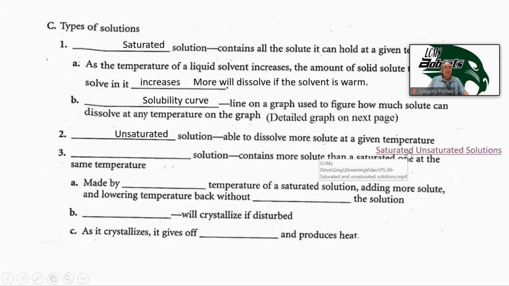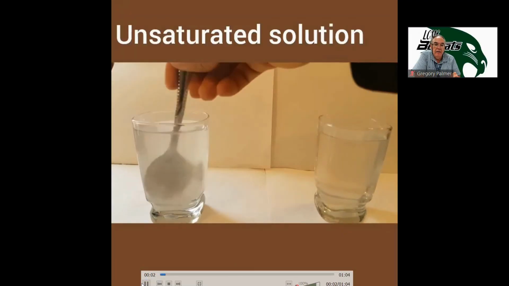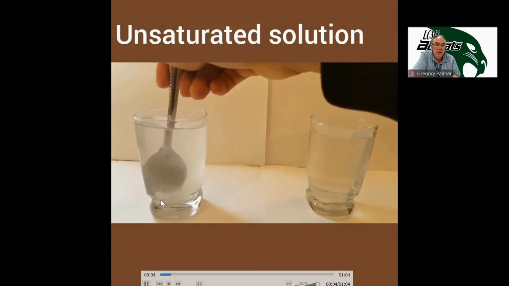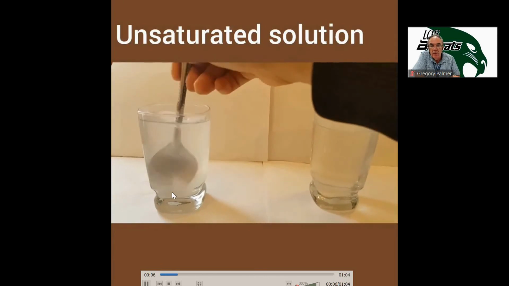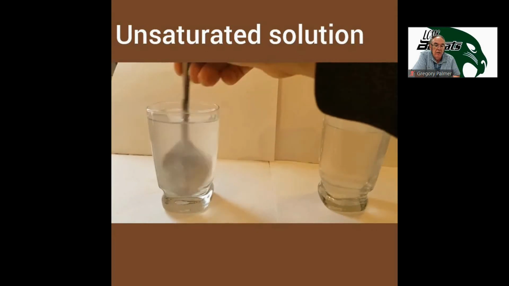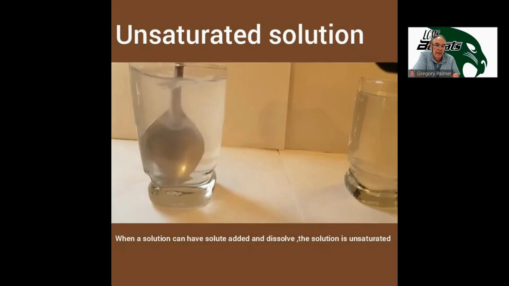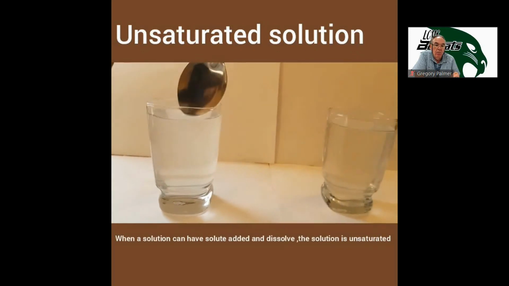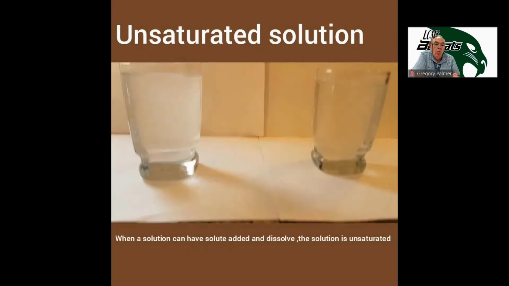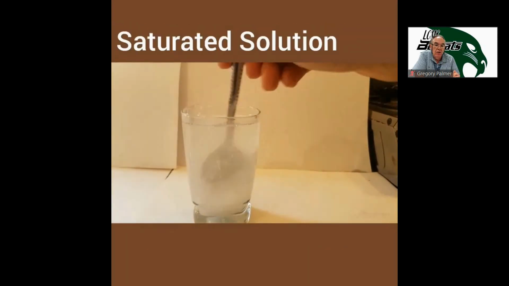And then there's a short video that I want you to take a look at on saturated and unsaturated solutions. This is a short clip on saturated and unsaturated solutions. So here at the beginning, he's putting the water in there and it's unsaturated. Now, it could be diluted or concentrated, we don't know, okay? I guess if it's just one scoop, we would say it's kind of diluted. As he adds more and more, it's going to become more and more concentrated, but it's still unsaturated because all the sugar dissolves.